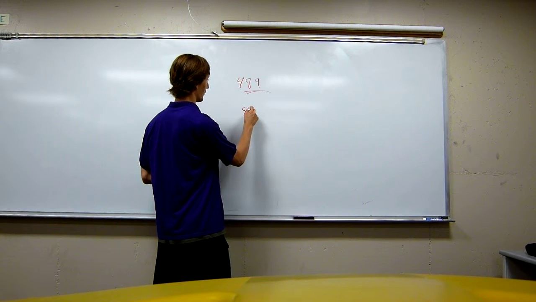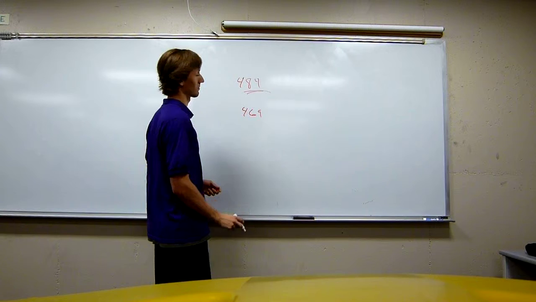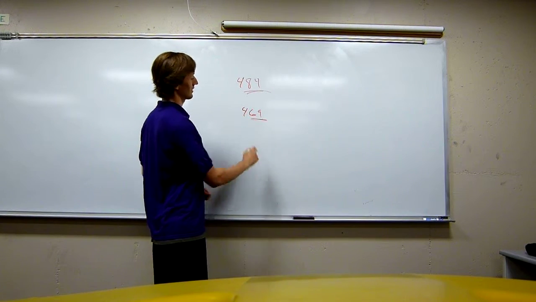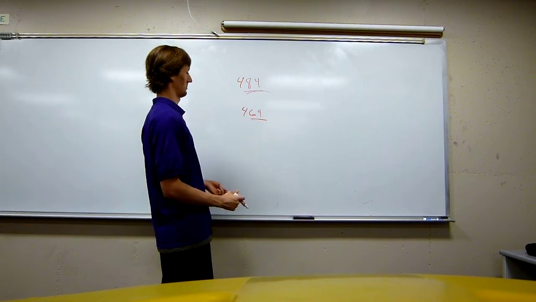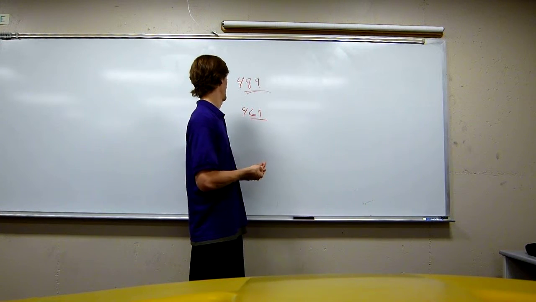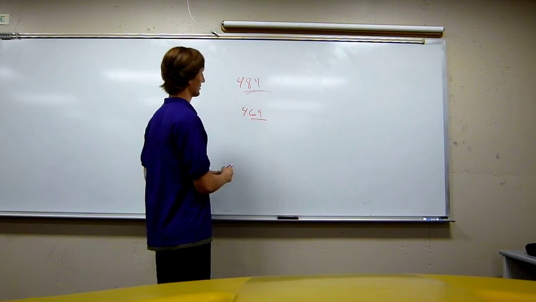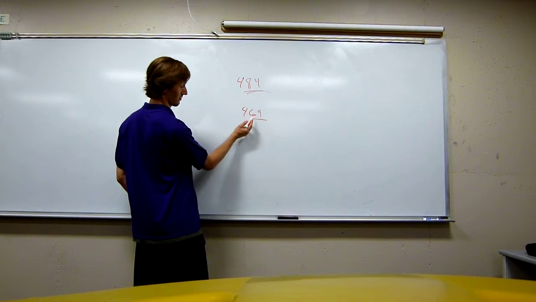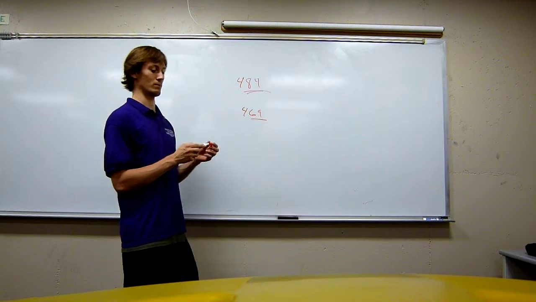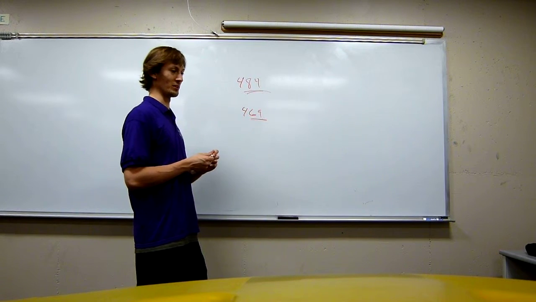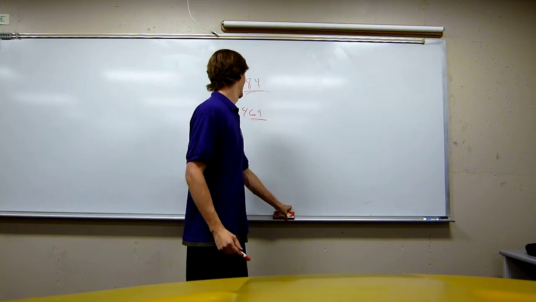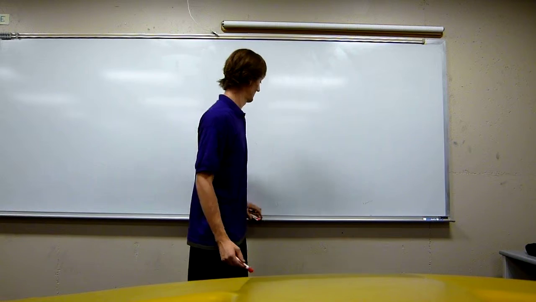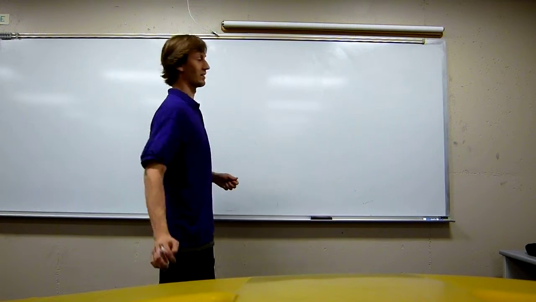Whereas 469 is not divisible by 4, nor 2. But is it divisible by 3? Let's see. 4 plus 6 plus 9. 19. Is 19 divisible by 3? It is not. Five.